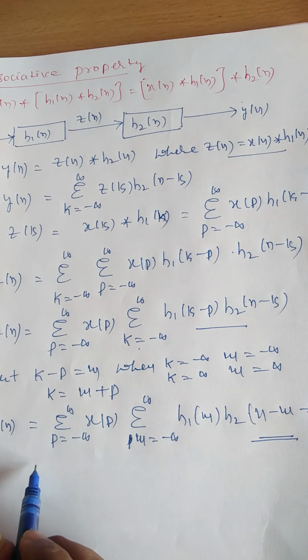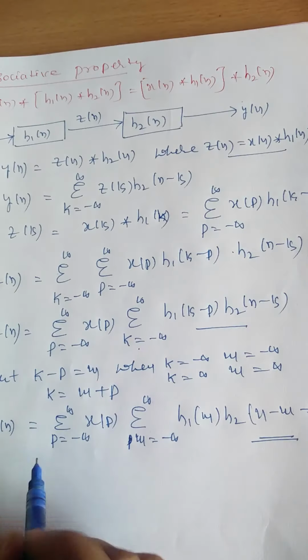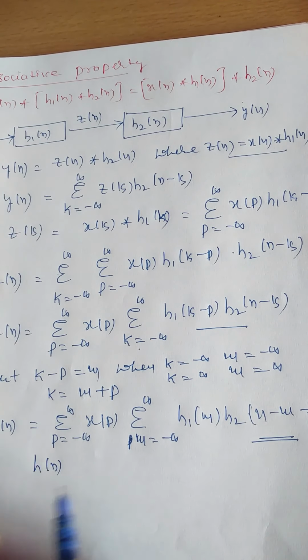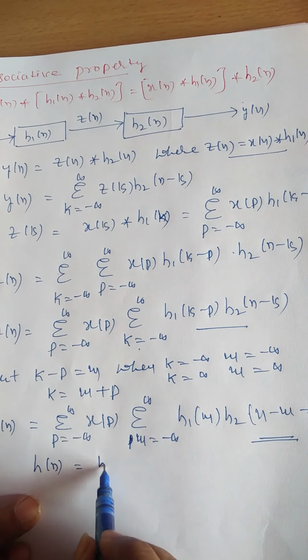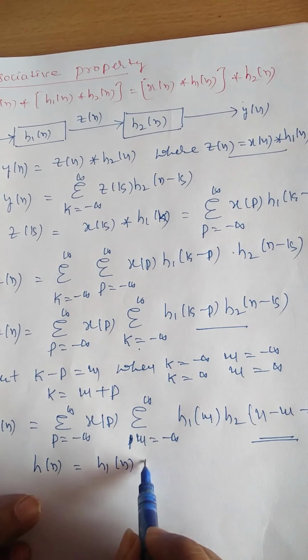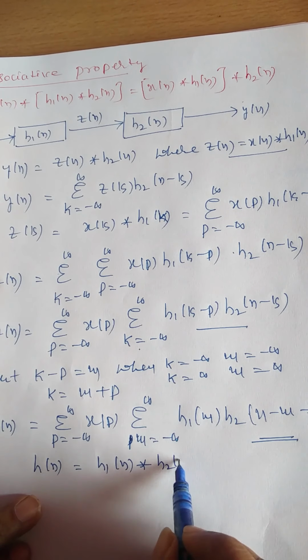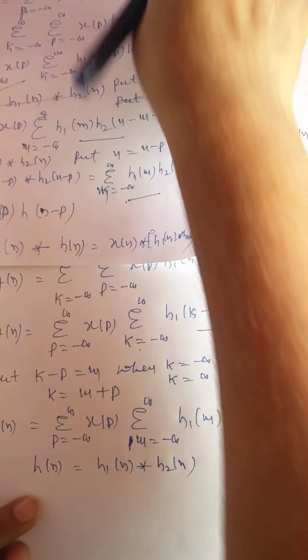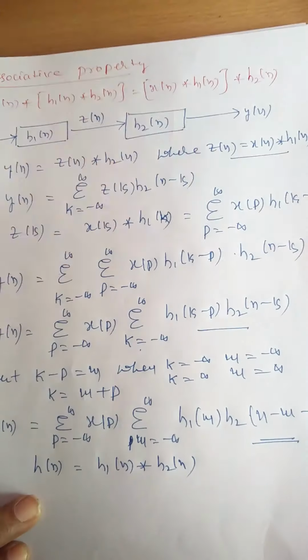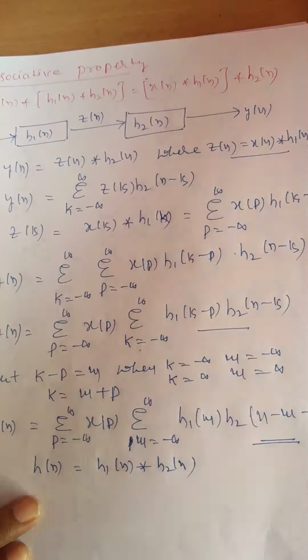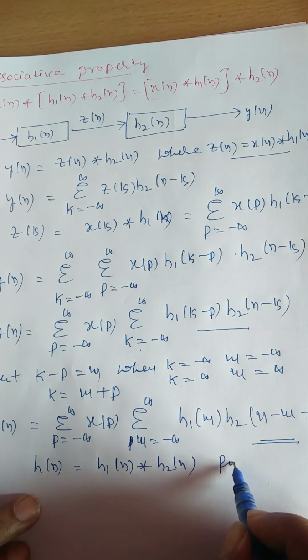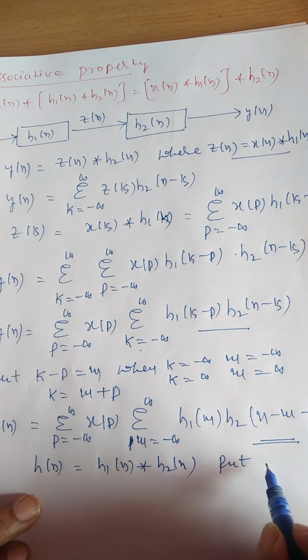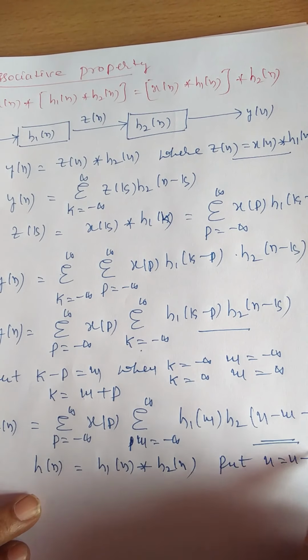Now you know that h1 of n is cascaded with h2 of n. I can write that h of n is equal to h1 of n, that is linearly convolved with h2 of n. In this equation, put n equal to n minus p.